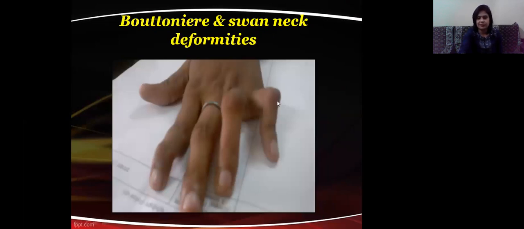See, this is swan neck deformity and this is Boutonniere deformity. They are opposite to each other.